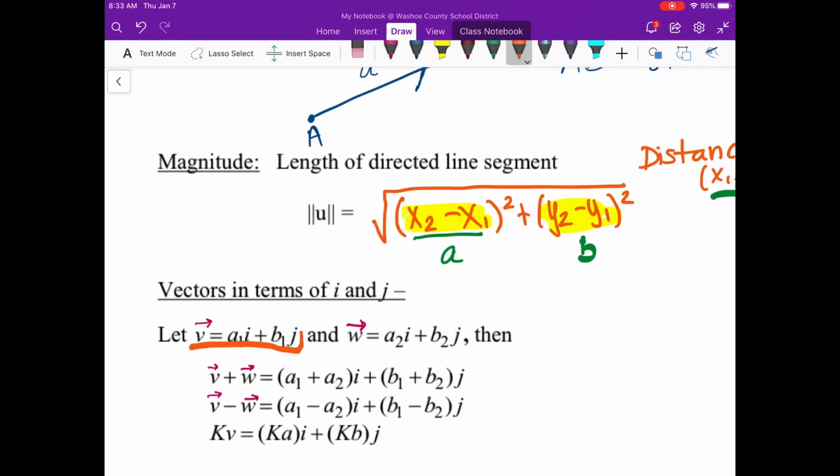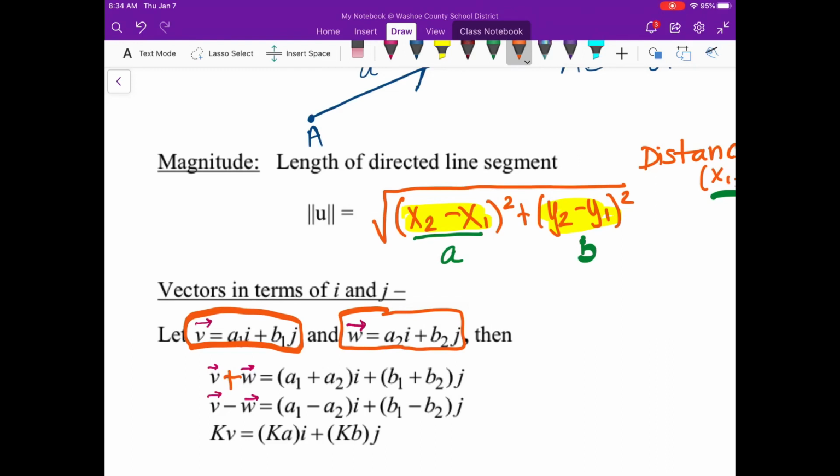If I'm asking you to add two vectors together, so I'm looking at this vector and this vector, I want you to think of this as combining like terms. So when we're adding vectors, we want to look at the i terms.